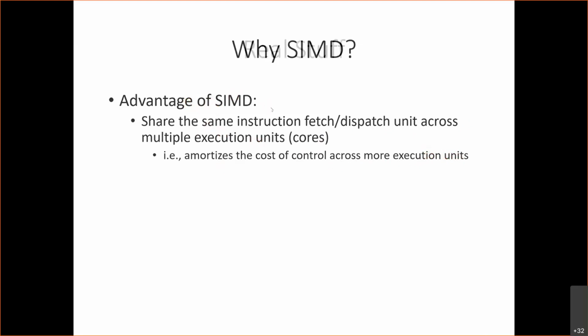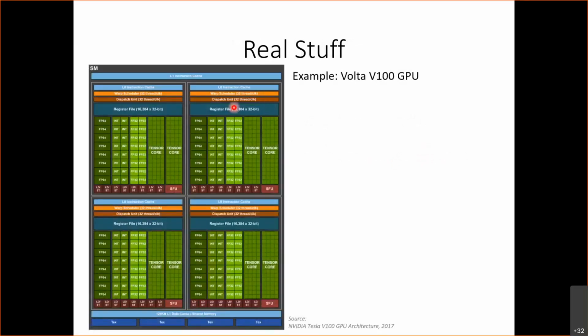So far I've been drawing these cartoon SMs with these cartoon cores, and I wanted to show you a more complex picture of what an SM looks like. This is from the white paper on the Tesla V100 GPU, which was released in 2017. Of course, there are newer GPUs now, but I'm using the V100 because that's the one you're working on in the assignments.